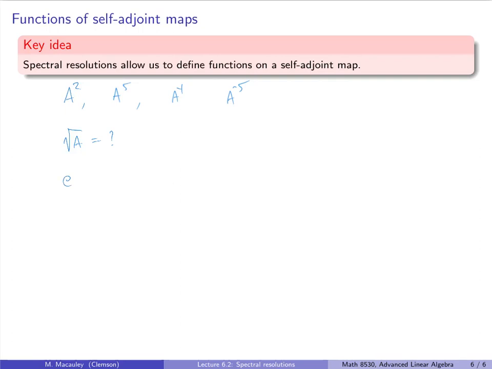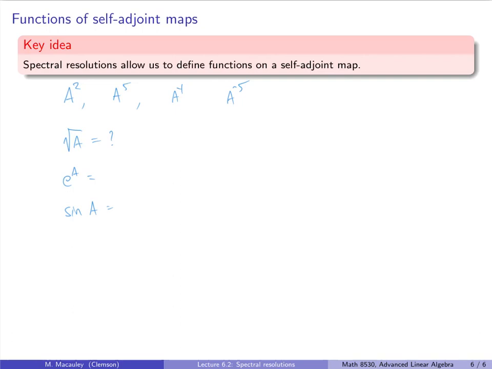Now it's not so clear what the square root of A would be, or if that's even defined. Or what about e to the A, or sine of A? Now, if you've taken a differential equations class, maybe you've seen e to the A for some matrices. It's not clear if this is always going to work, or what it means when it does work.